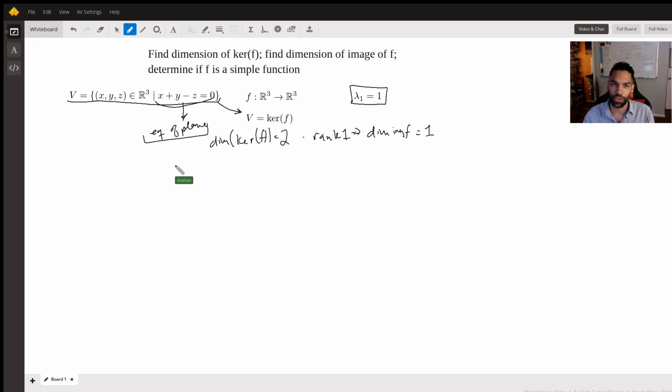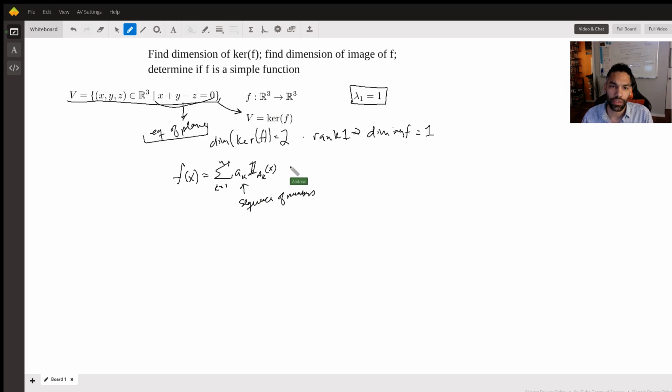Now the next part is to determine if this is a simple function. So we first have to define what a simple function is. A simple function is a function that can be represented like this, where f of x is the sum from k equals 1 to n of a_k times this one-looking thing of x. Here a_k is just a sequence of numbers, which can be real numbers, or in this case a sequence of vectors.